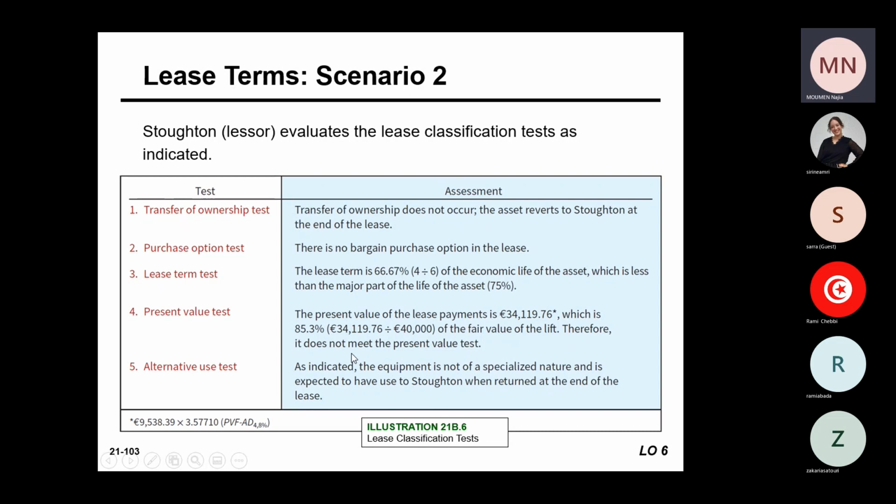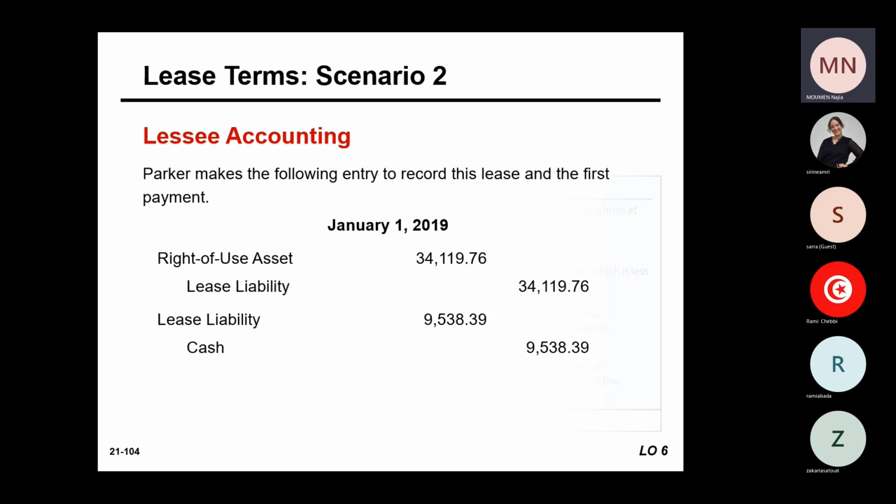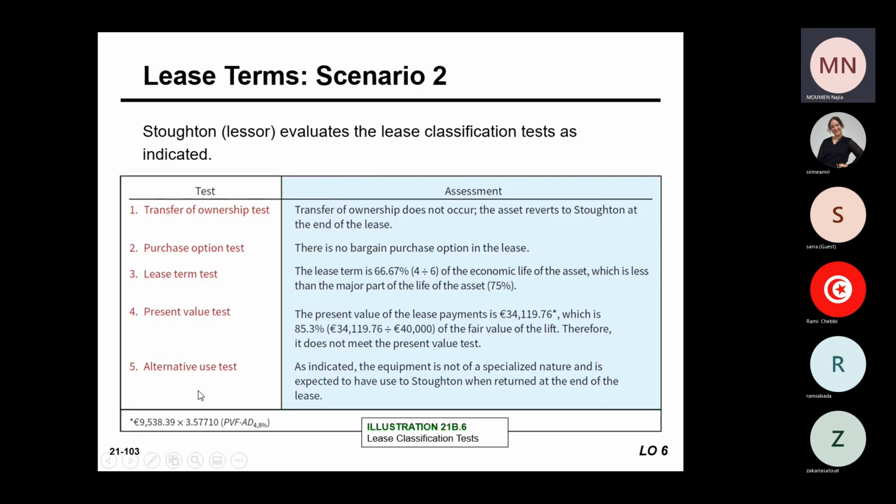It can be leased again or sold, etc. So the alternative use test is not met either. None of these 5 tests is met, so we have to consider the lease as an operating lease.